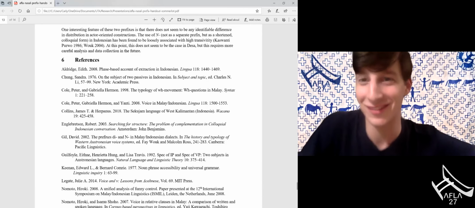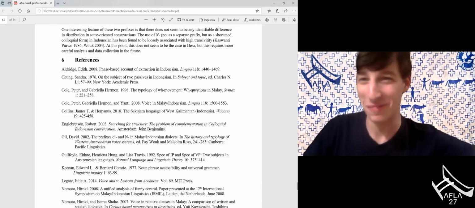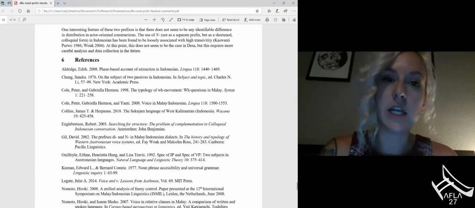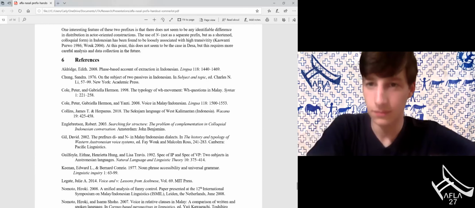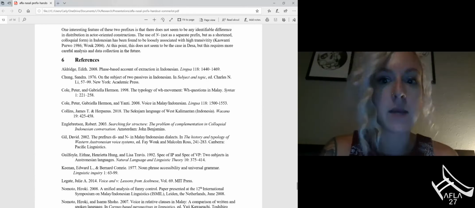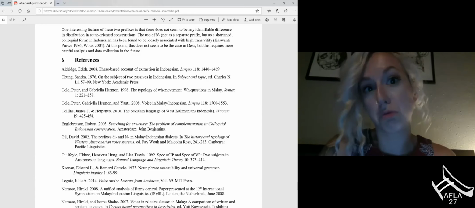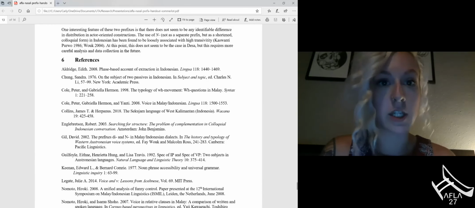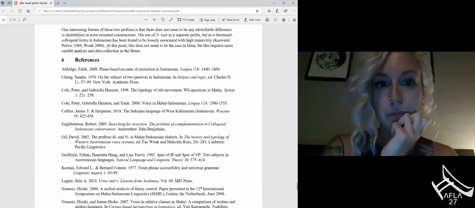I'm not the person to talk about the history of pang. But that's an interesting idea, and there have been people who have claimed that even mang in Indonesian could be analyzed as an antipassive. So I think that there could be some merit to that. I would have to do a lot more to look into that, but I think that's a really interesting idea.